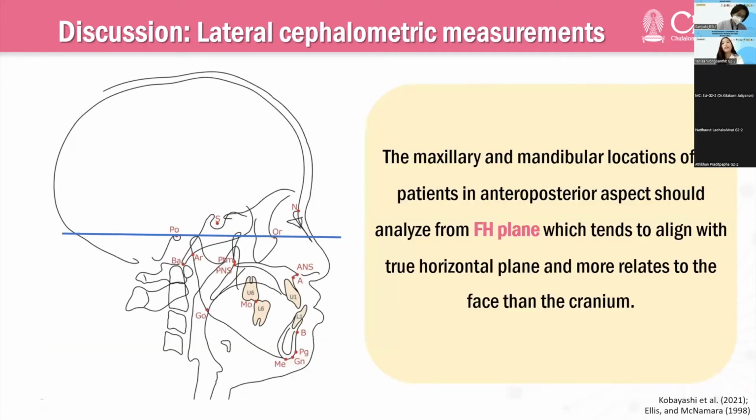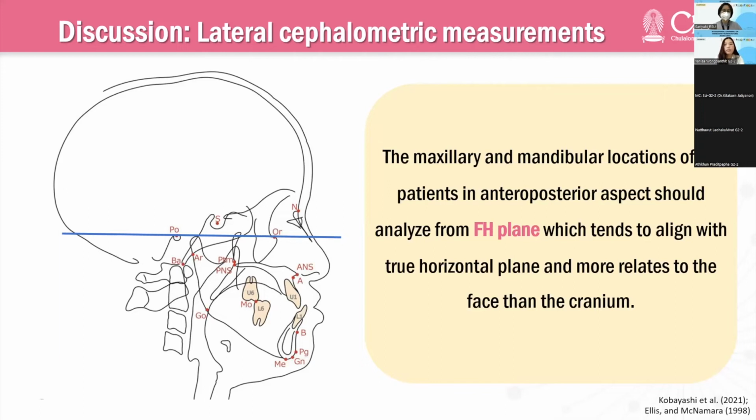It is known that AS patients have compensatory growth from premature fusion of cranial sutures, which results in an abnormal cranial base relationship, leading to the sagittal maxillary position, or SNA, and mandibular position, SNB, being positively deviated from the normal range.